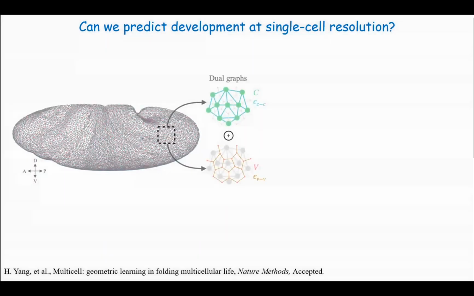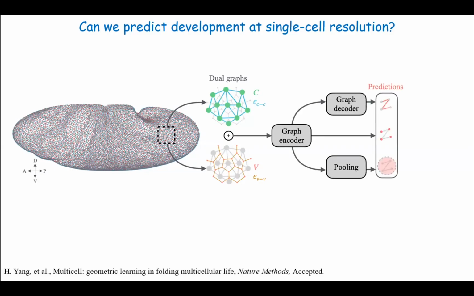The first task that we ask is, can we predict the cell migration speed? Can we predict a junctional loss in a cell-cell rearrangement? So again, we're using this dual graph idea containing both the cell position and the cell boundary position. And here are some details of the model.